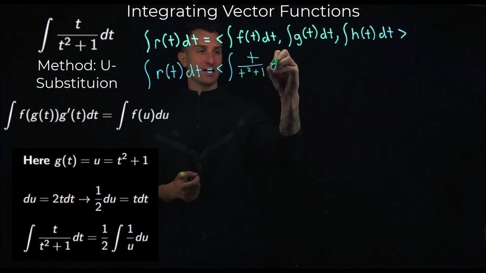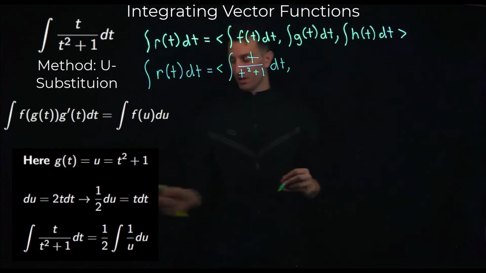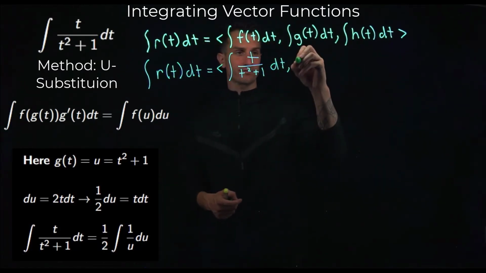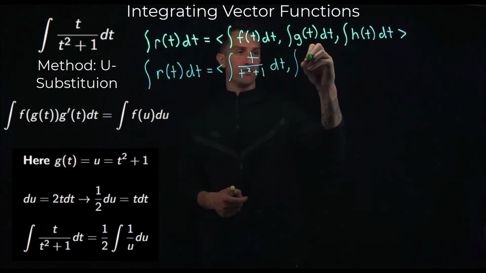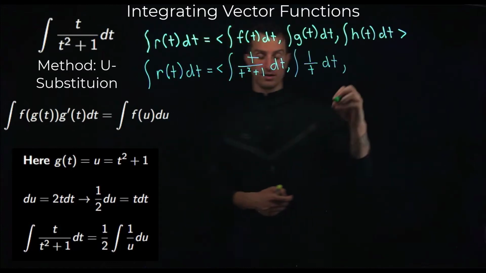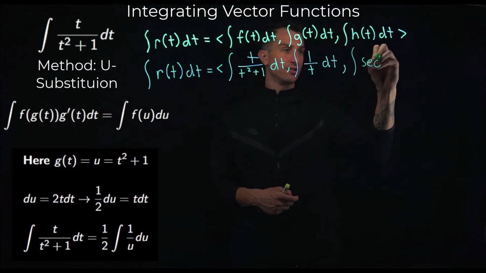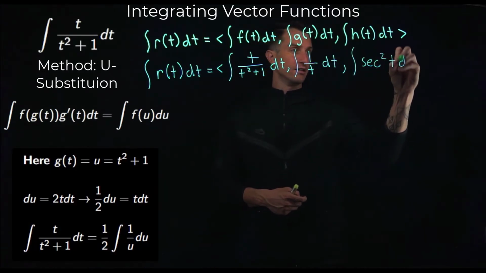As we write these, we want to identify what type of integration technique we're going to use. So that's one of them. Let's do the integral of 1 over t dt. And we'll do our last one as the integral of secant squared t dt.